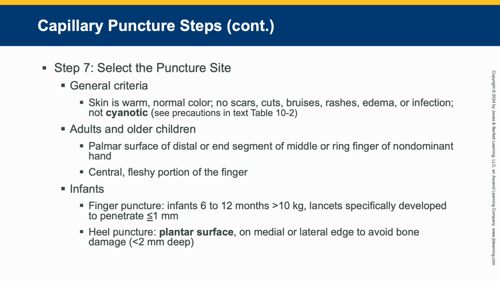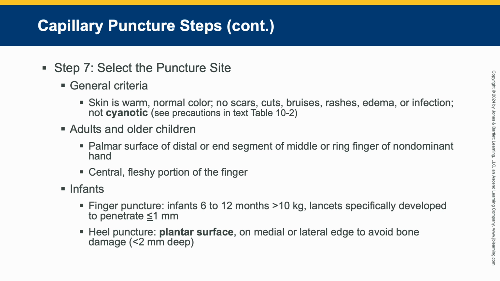So why do we not want to puncture a bruise site? Because bruises can be painful, and also the circulation is not accurate in that area. So that's going to negatively affect your specimen if you stick a bruise. Do not puncture infected sites. Why?